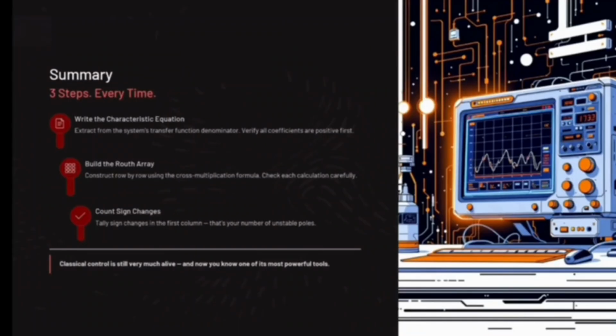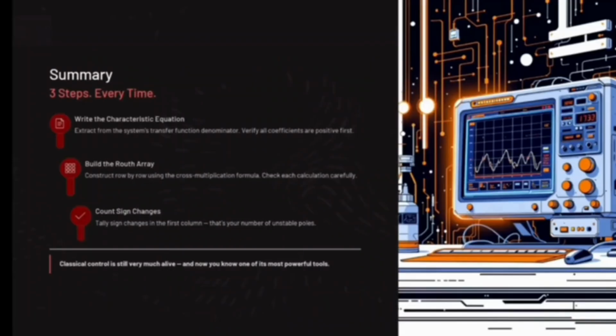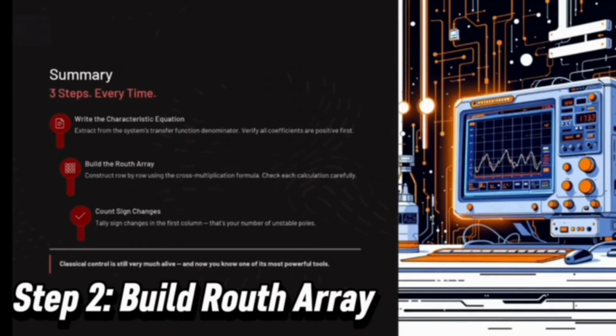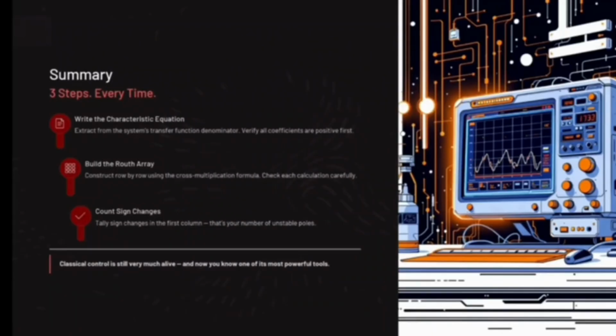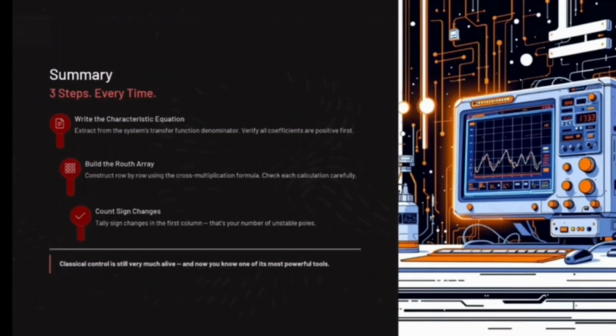The first thing to take note of is that when given a transfer function, you should be able to write the characteristic equation from it. Based on that, we are able to build our Routh array, row by row. To do that, we also established that using the cross multiplication formula is the best, because it allows you to check all the calculations carefully.